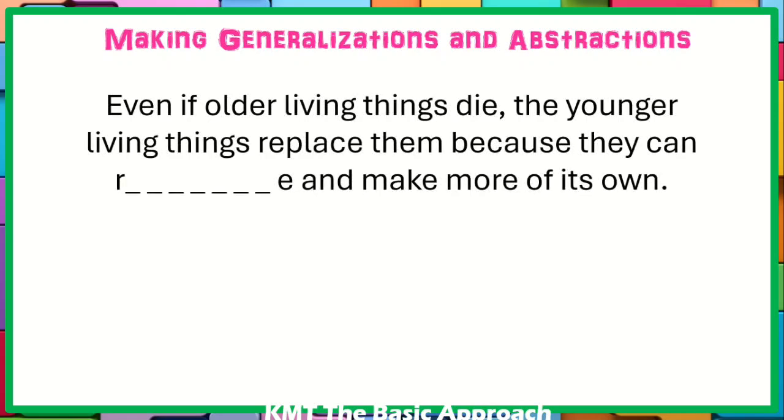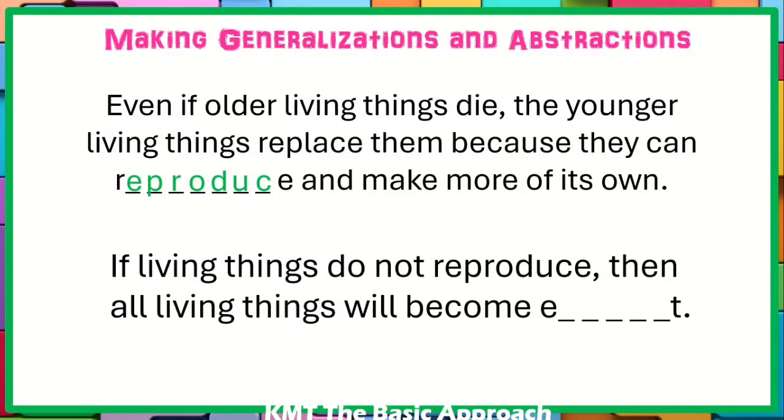Even if older living things die, the younger living things replace them because they can reproduce and make more of its own. If living things do not reproduce, then all living things will become extinct.